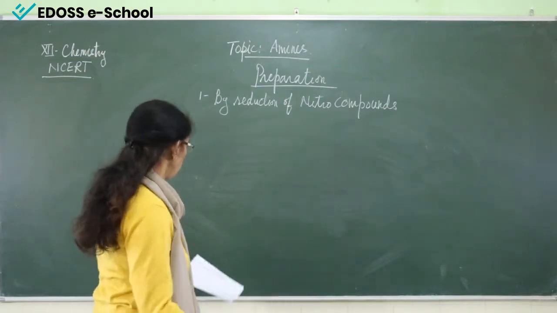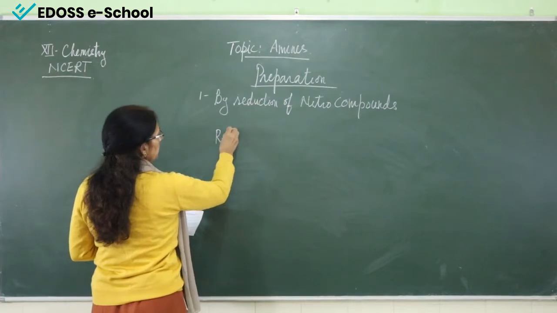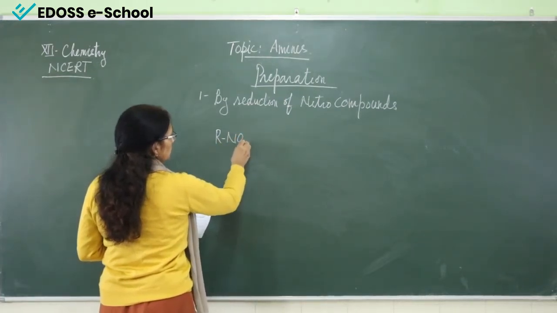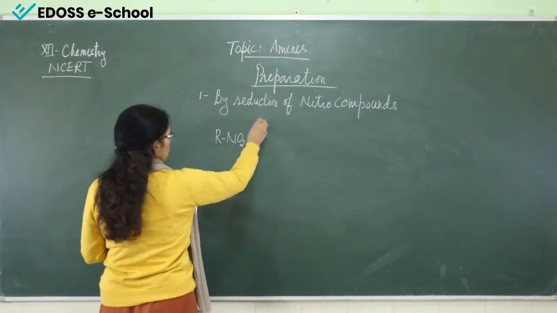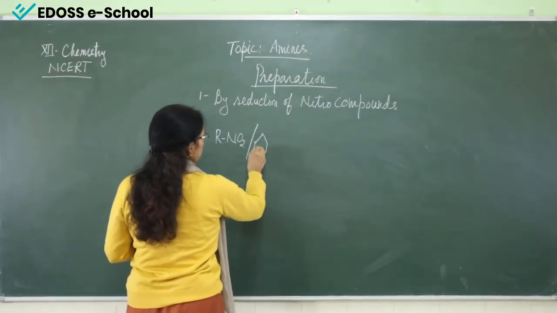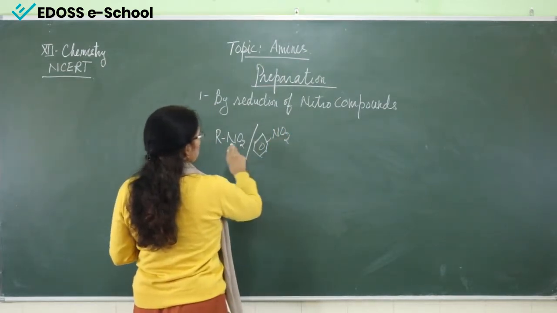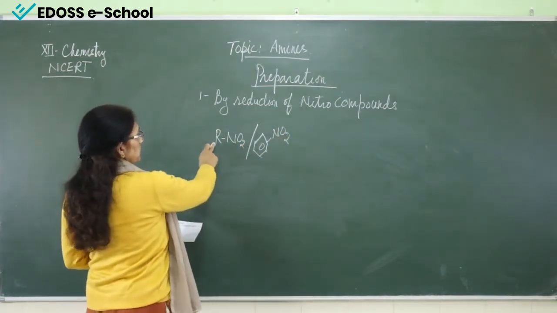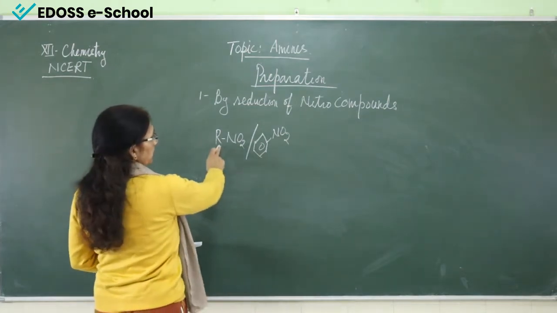Now see here. First of all, we can take a nitro compound, so it can be alkyl or it can be aryl also. Like this, nitrobenzene or nitroalkane. Anything we can take.